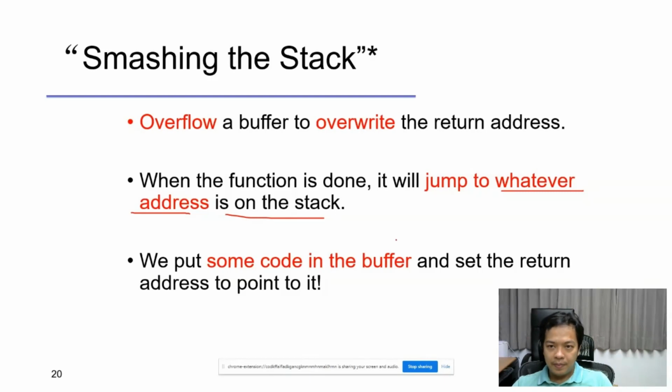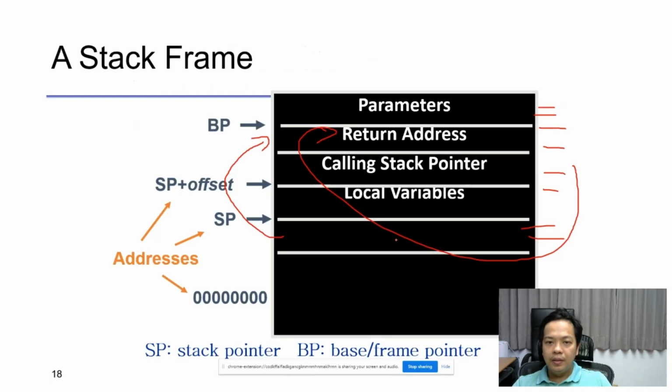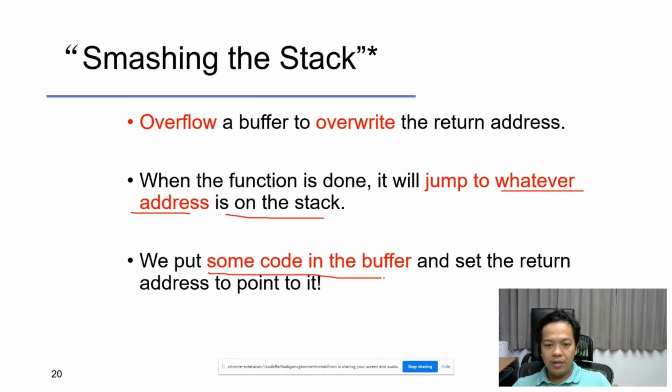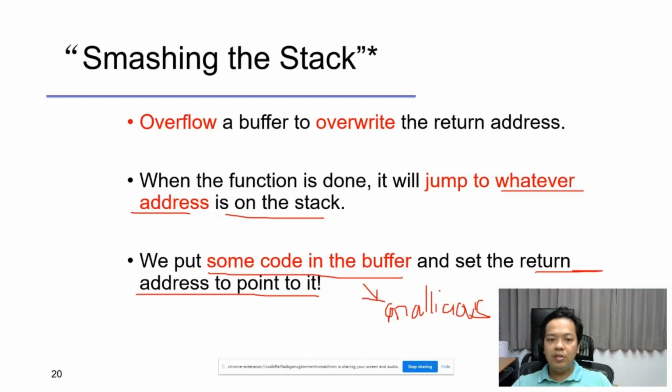That means it jumps after running this one, and maybe it is just a random run to here, and we can put some code in a buffer and set the return address to point to it. So this is kind of malicious code, some code in the buffer.